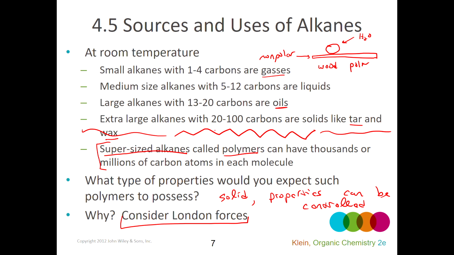Or if I attach other atoms here, some other group of atoms, that might block the other chains from attracting to it, or it might attract even stronger, and so I can fine-tune the strength of this material or the flexibility of it depending on the structure of the chain, how the chain is constructed and what groups are attached to it.